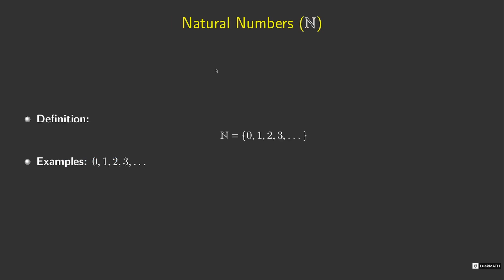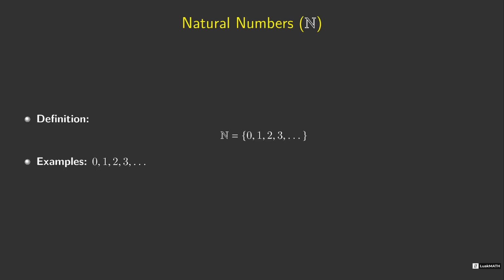The very first set of numbers in mathematics are called natural numbers. Sometimes these are called the counting numbers. The set of natural numbers include 0, 1, 2, 3, 4, and so on. These are essentially whole numbers, positive whole numbers, including 0.